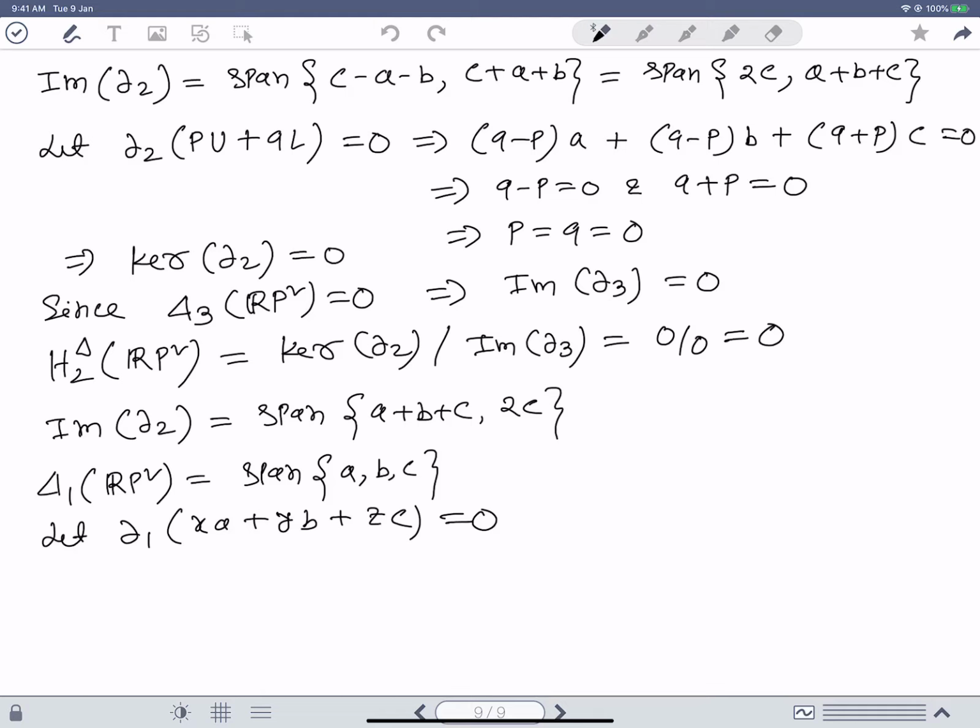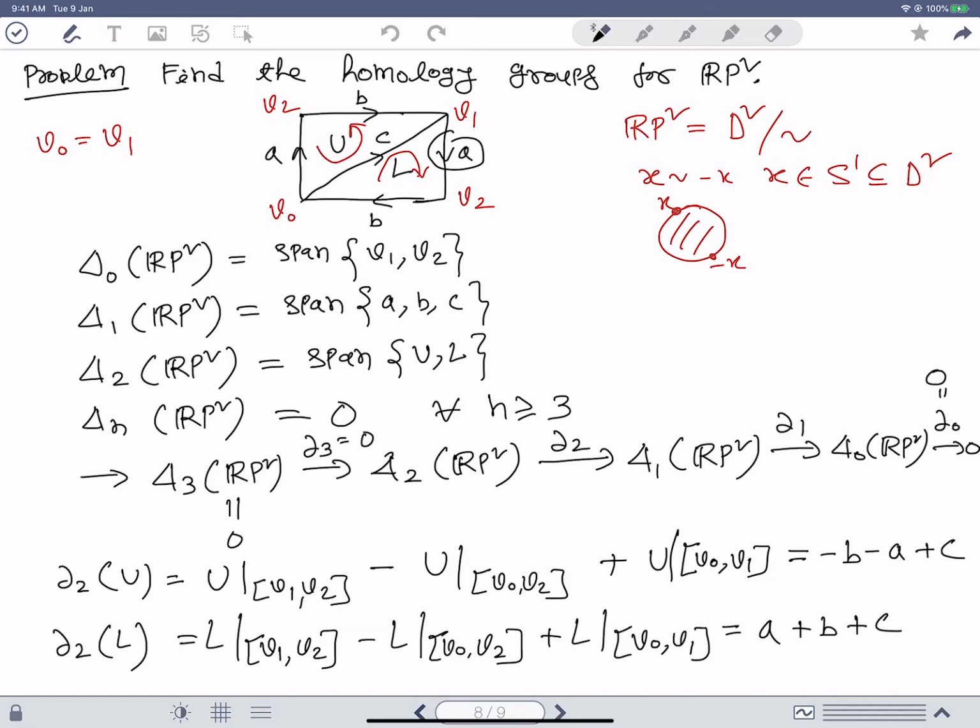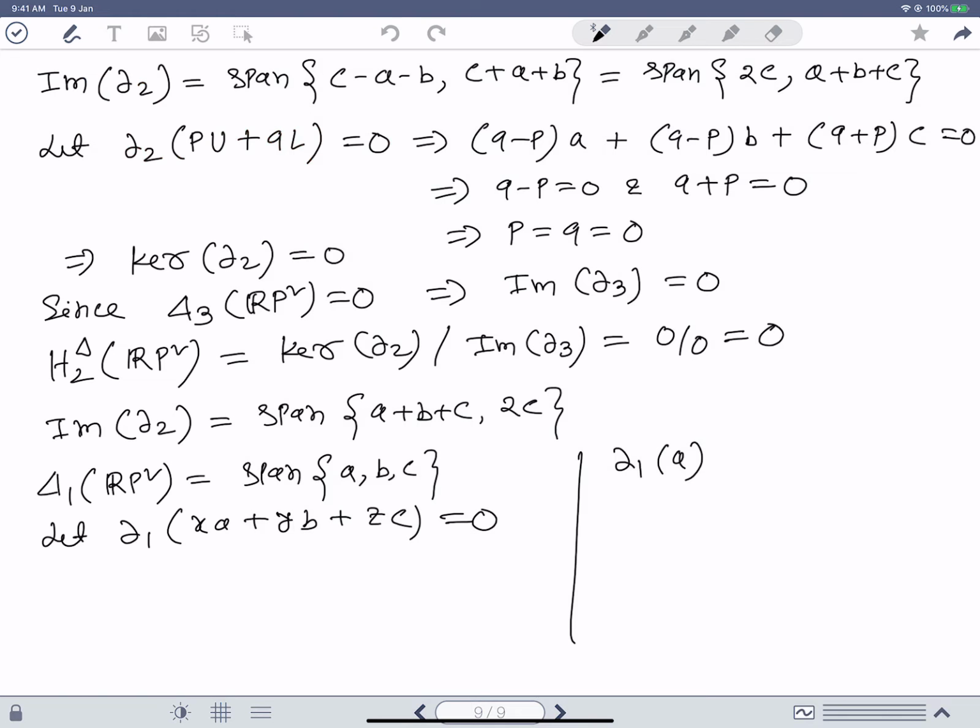Okay, now first we need to find the boundary of a, boundary of b and boundary of c. Okay, let's compute that first. So ∂1 of a. Now by the image you can look at what is a. A is just v2 minus v0 and v0 is same as v1. So we can write it is v2 minus v1.